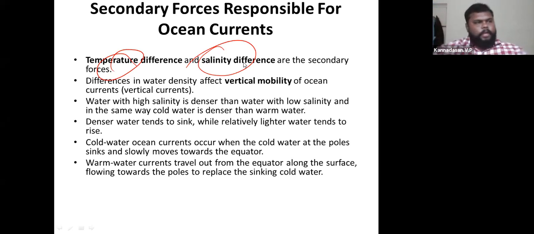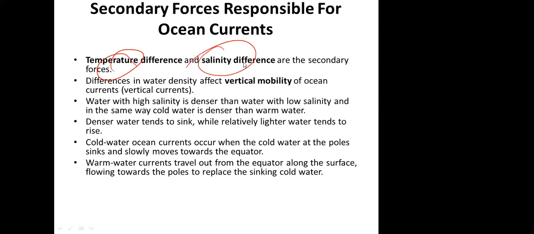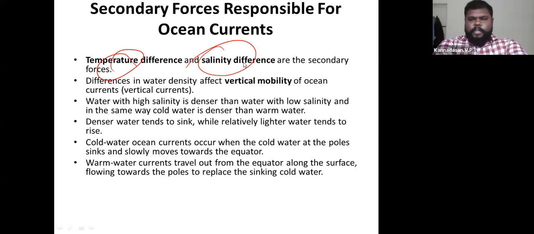Right, okay. Now tell me, which water is dense in nature, cold water or warm water? So warm water. Why? Warm water has less density because warm water expands.